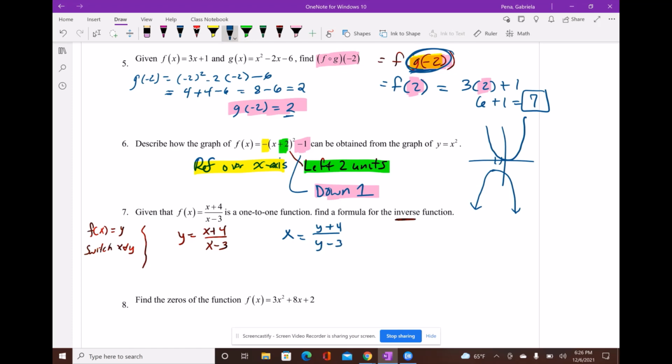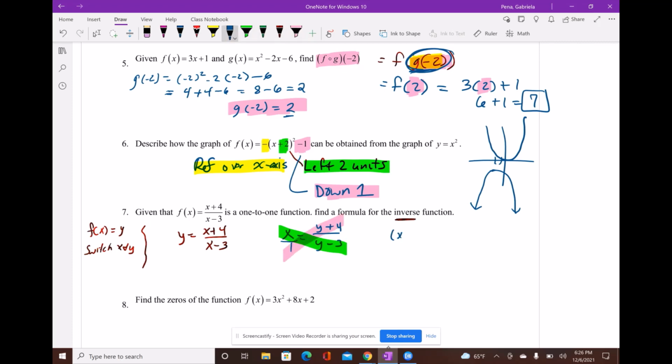So you change your f of x to y, and then you switch x and y's. What would we have to do in a problem like this? We put the x over 1. Very good. Why do we do that? To have a fraction equals to a fraction. And then what can I do? Cross multiply. Exactly what we could do.